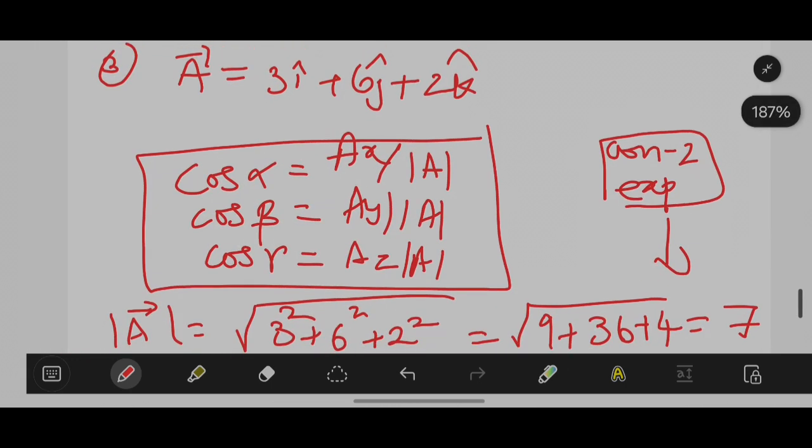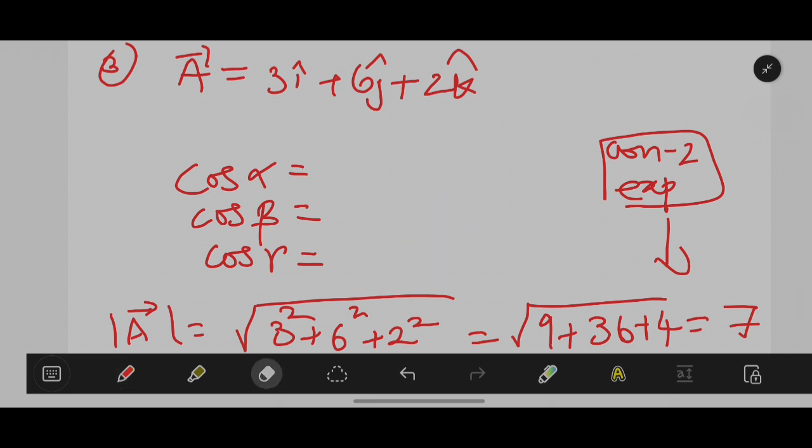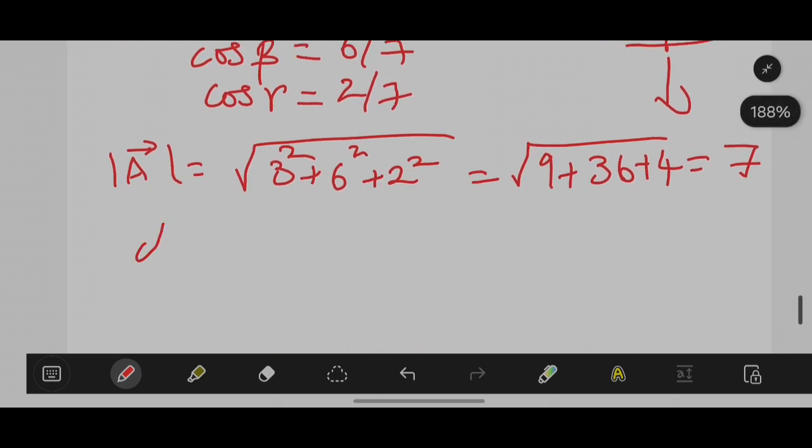Now what you are supposed to do is put the values here. I am erasing this and writing values directly. Cos alpha is ax by mod a, so 3 by 7. Cos beta is 6 by 7. And cos gamma is 2 by 7. But they are asking for the angles, that is, you have to say what alpha, beta, and gamma are. So how do you write that?